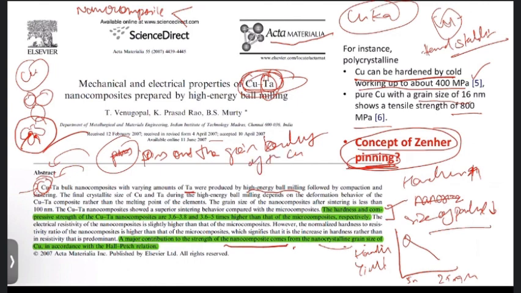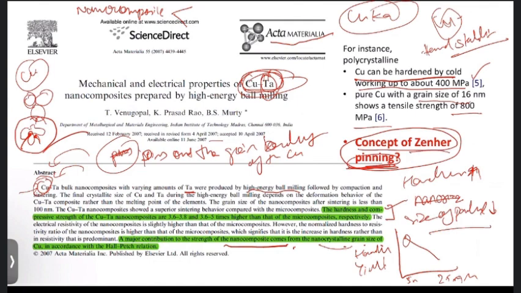Then when we test the copper tantalum for thermal stability, it does not break down, because now the grain boundary has become stronger. This is the concept of Zener pinning.